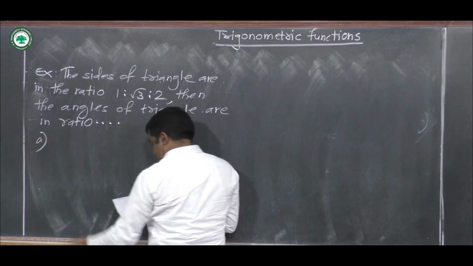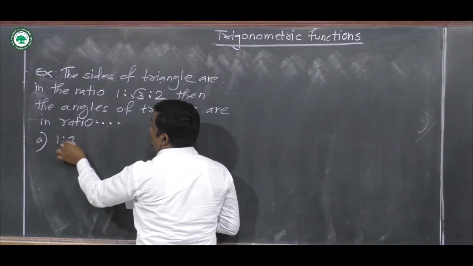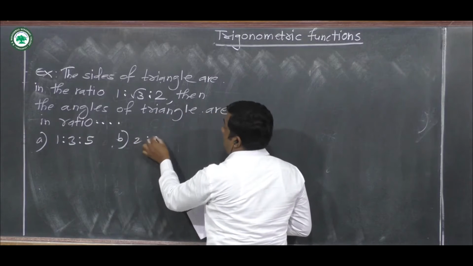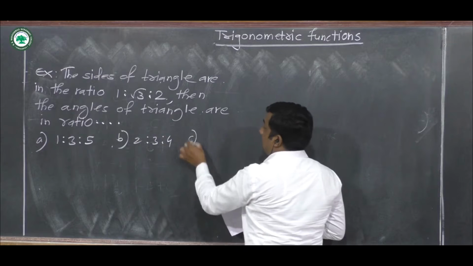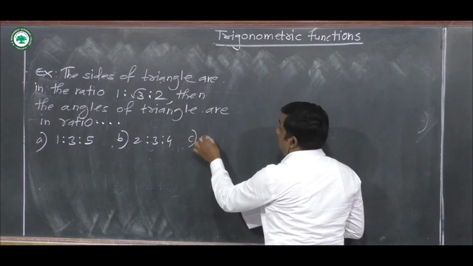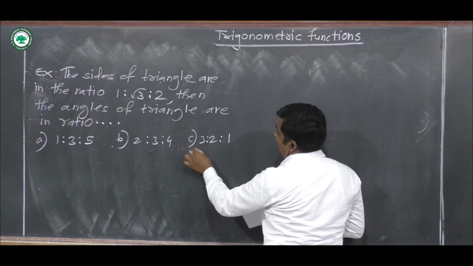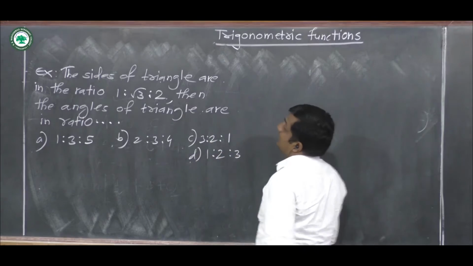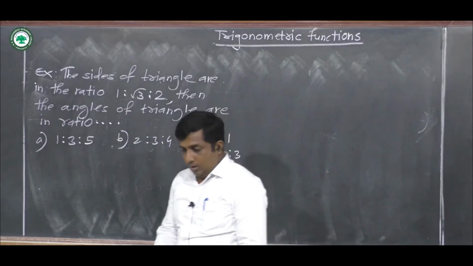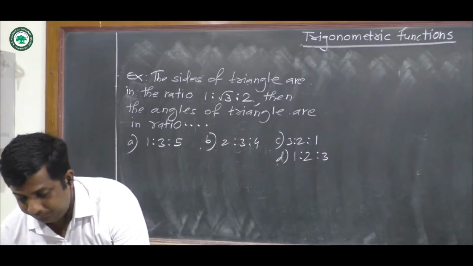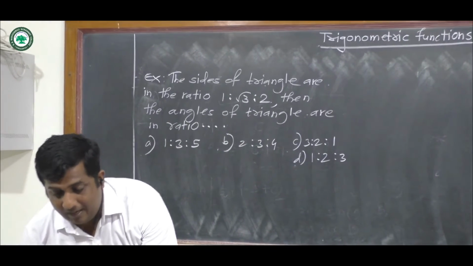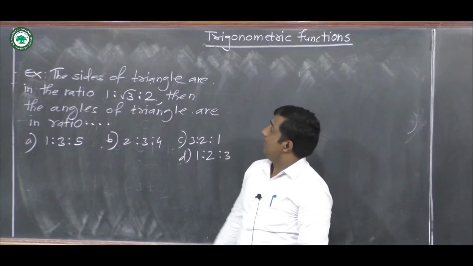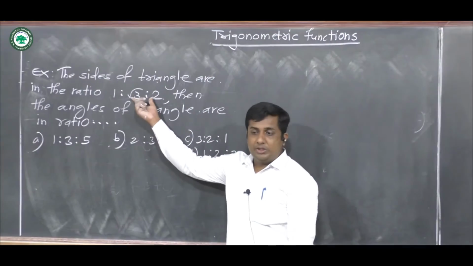Options are: in A, 1 as to 3 as to 5; in B, 2 as to 3 as to 4; in C, 3 as to 2 as to 1; and in D, 1 as to 2 as to 3. Okay, here the example is very easy.